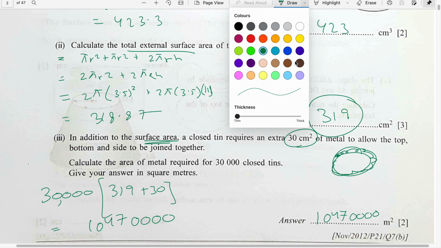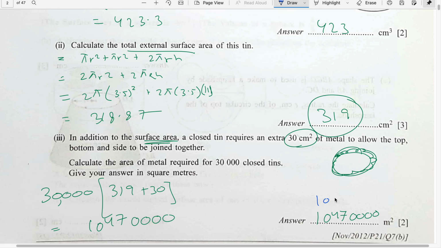Sometimes you may find your answer in the marking scheme written as 10,500,000. This is usually rounded to 3 significant figures. Both are again correct.